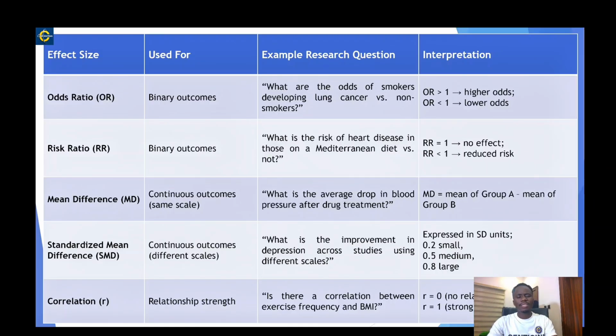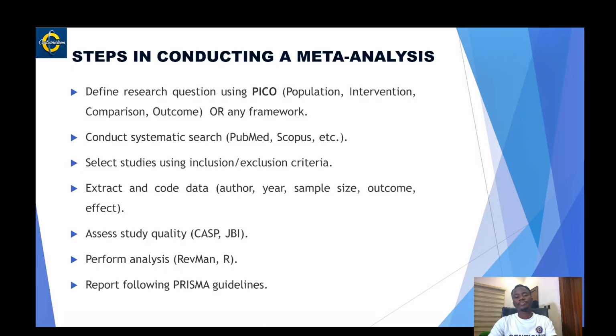We also have the standardized mean difference, which is still for continuous outcomes, but is used whenever we are using different scales; we convert them to a standard unit and then make our assessment. We also have other effect sizes like correlation, where we try to understand the strength of the relationship between exercise frequency and BMI and all that. So there are lots of effect sizes that we might not have talked about.